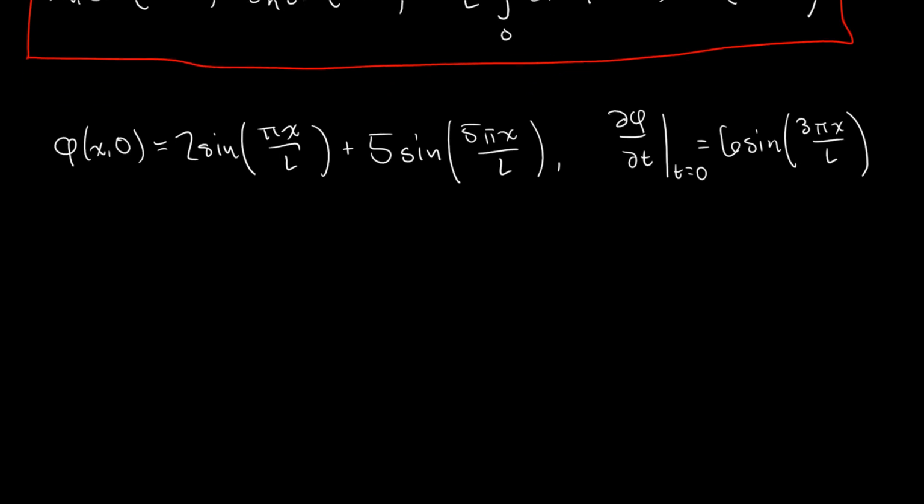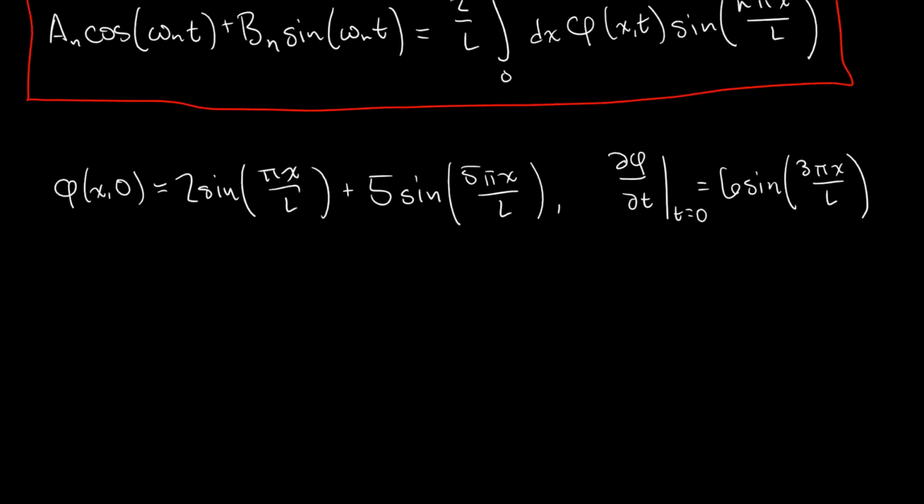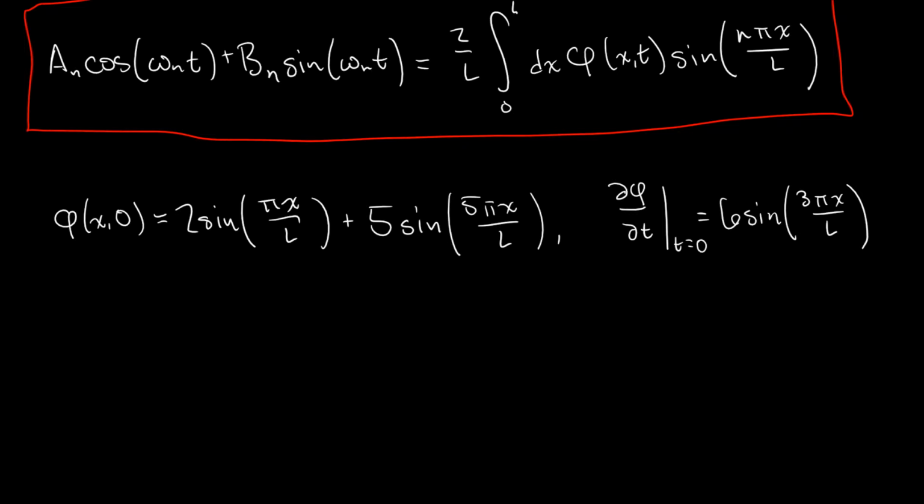Now we just have to do this integral, right? So if I integrate from 0 to L, 2 over L, dx phi of x comma 0, sine of n pi x over L. Well, this is only going to give me something non-zero for two values of n.